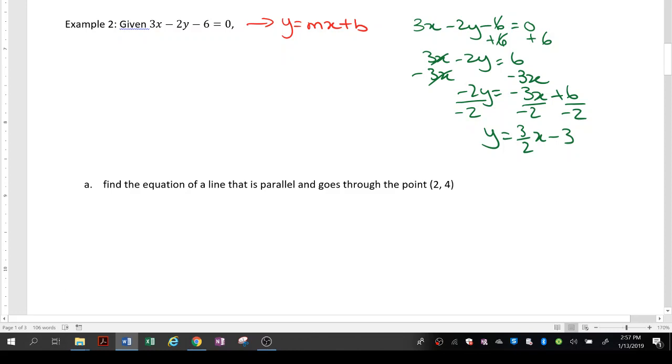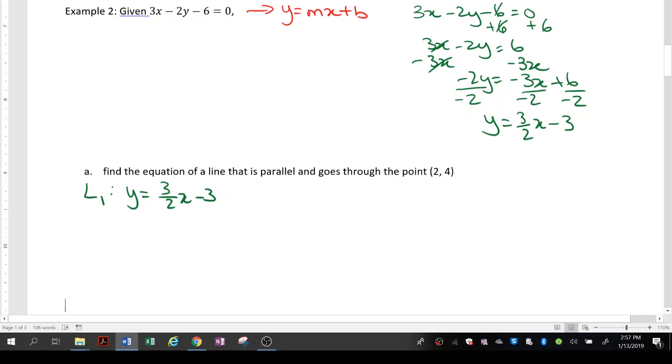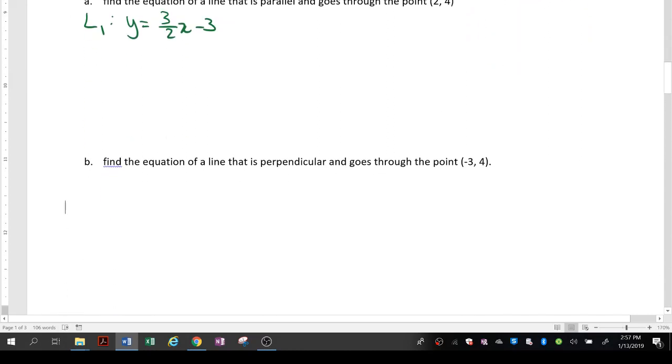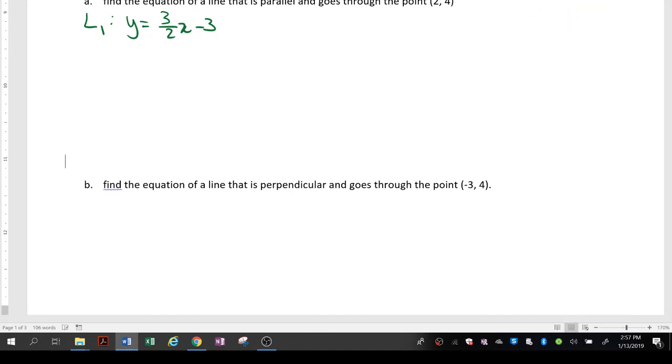Now we can look at an equation that is parallel and an equation that is perpendicular. So I'm going to do this one in green here. I'm going to say L1 is y equal to 3 over 2x minus 3. And we want to find the equation of a line that is parallel to that and goes through the point 2, 4.